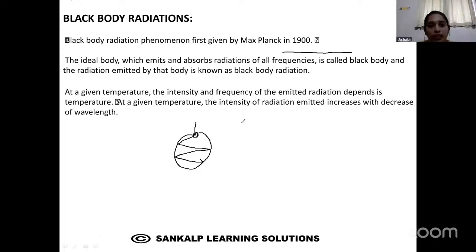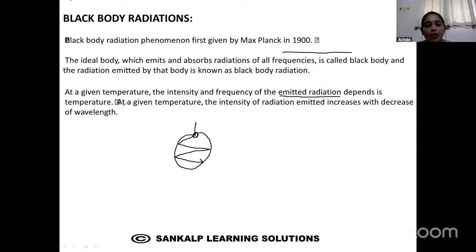Then it changes to violet or bluish color. This means the colors we are observing are nothing but the emitted radiations. Therefore, the emitted radiation, its frequency, depends on temperature.